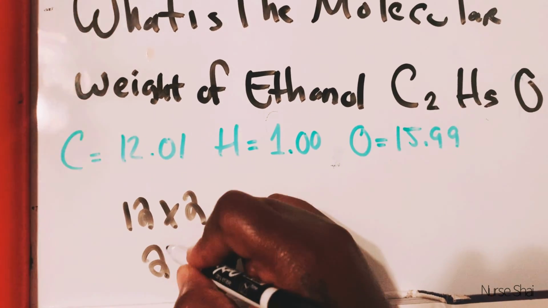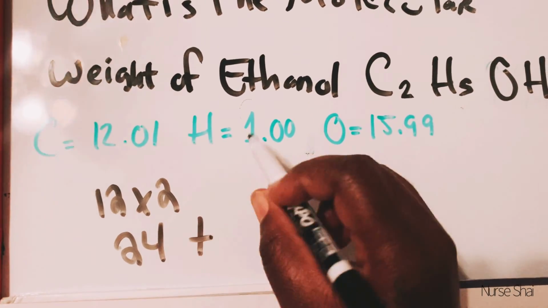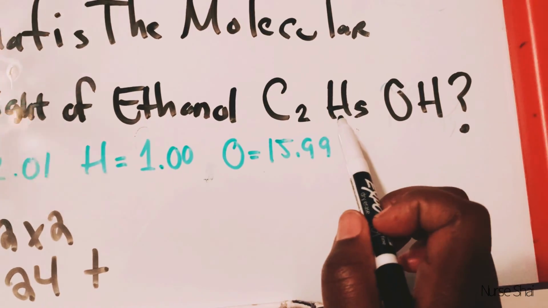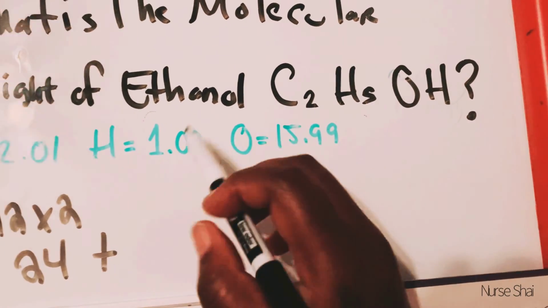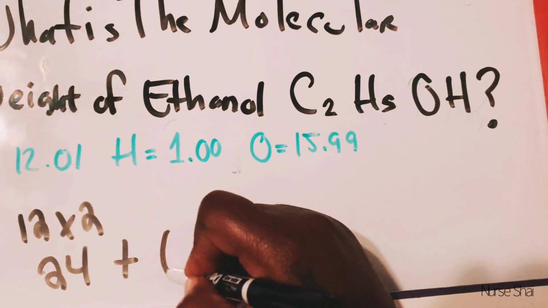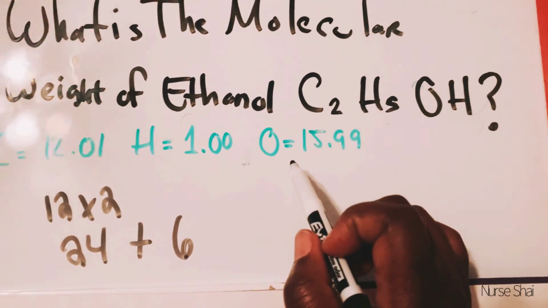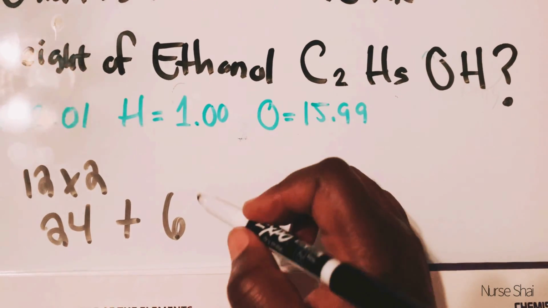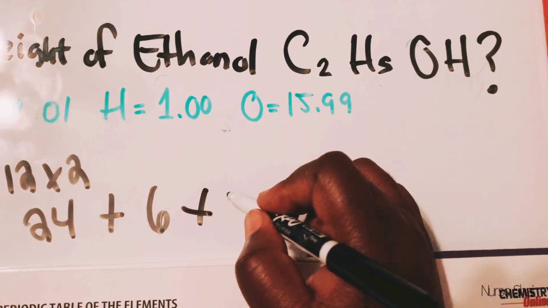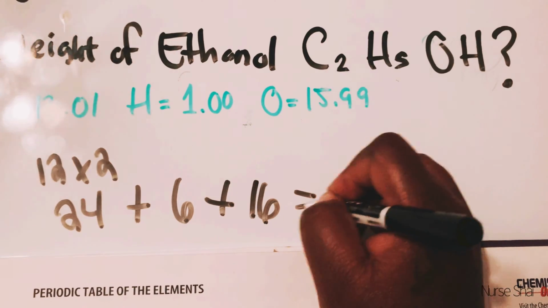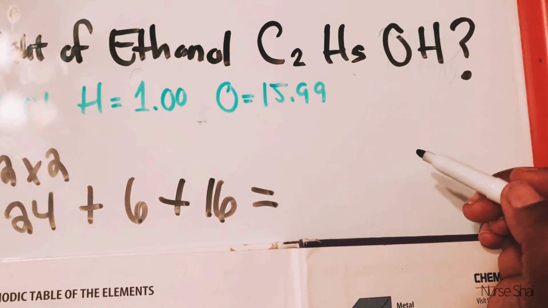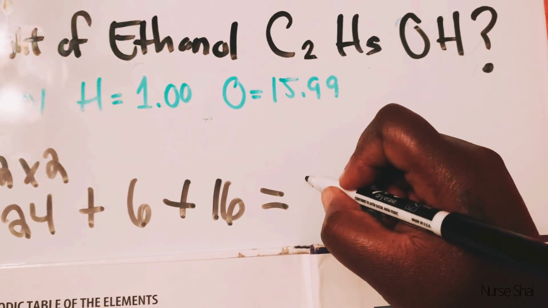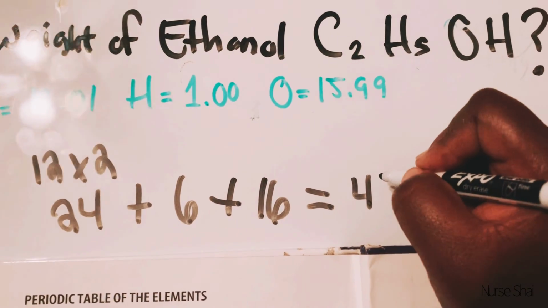That's going to give us 24. And I have 6 hydrogen, so I would add the 6 here, and then I can round the 15.99 to 16 just for the sake of this problem, and then that's going to give us our molar mass, which is 46.